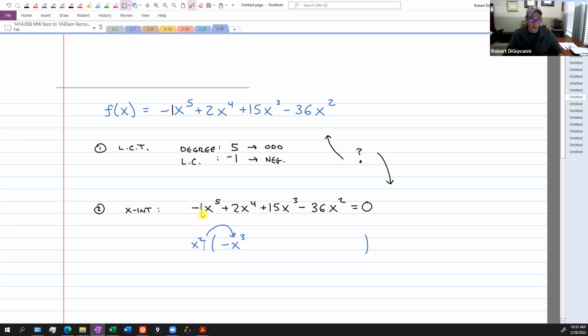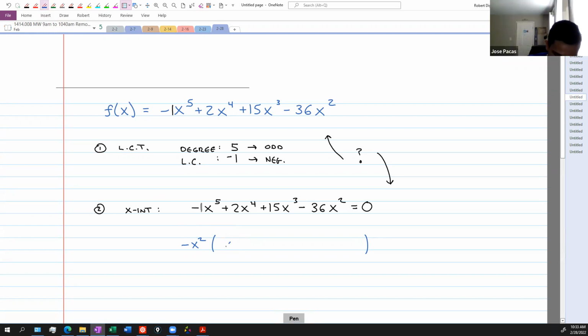My recommendation is that when you do this GCF, if your first term is negative, then don't do that. Instead, pull out a negative x squared. That's going to make this first term positive, which will help with factoring in a minute.